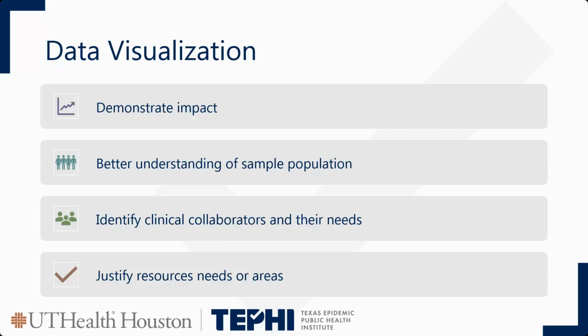And this will also help you identify other clinical collaborators that you might need to tap on the shoulder, who can help you or you can help them, identifying what the needs are based on how this data is presented.